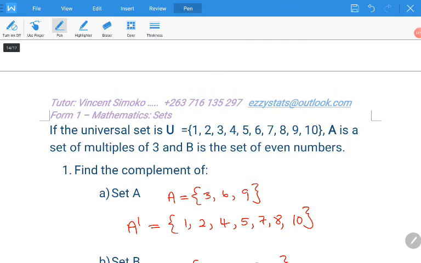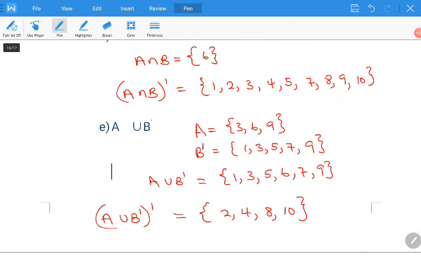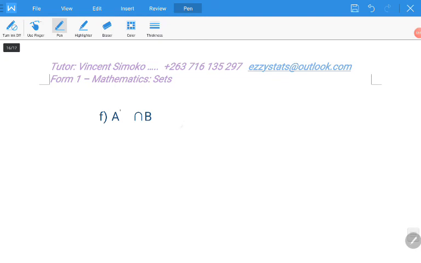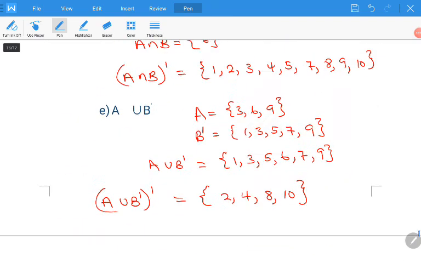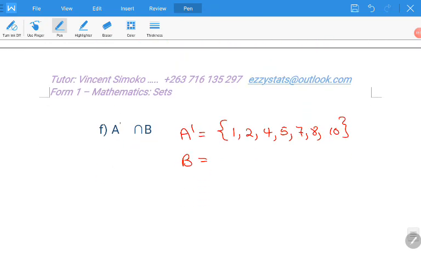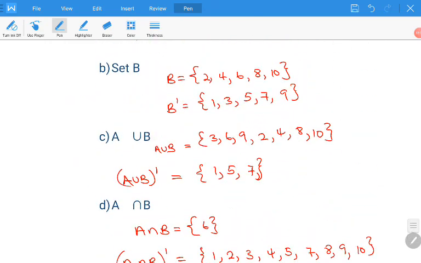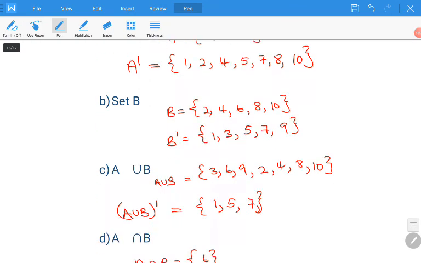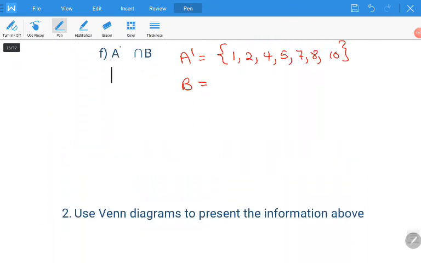A complement. We are looking at F. So A complement is equal to 1, 2, 4, 5, 7, 8, and 10. And B is a set of even numbers.